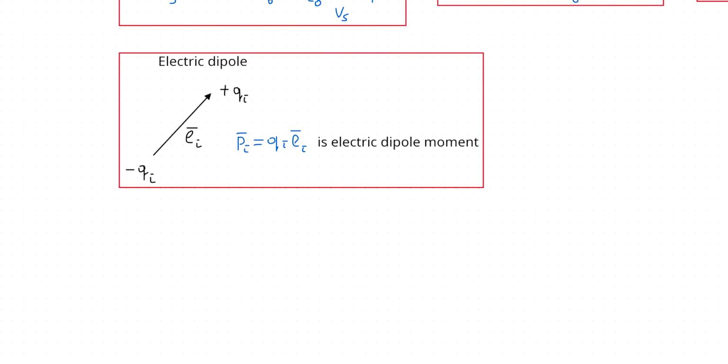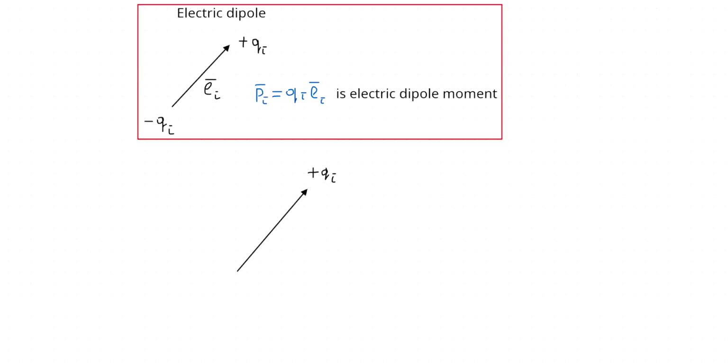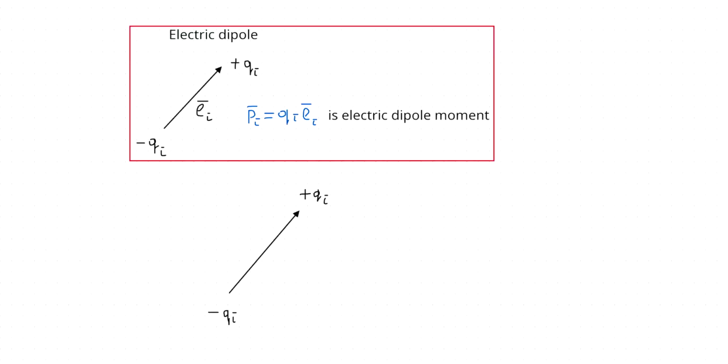I'll draw a new picture with an electric dipole: plus q_i, minus q_i, and here, of course, we have L_i.